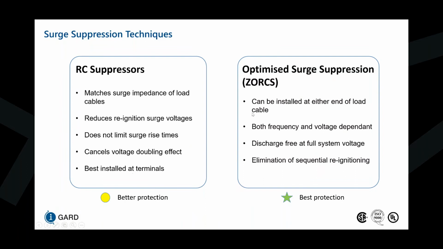Now, the zinc oxide RC snubber can be installed at either end of load cable. It's both frequency and voltage dependent because we're able to handle those very, very high frequency transients. It's discharge free at full system voltage and it eliminates sequential reignitioning.